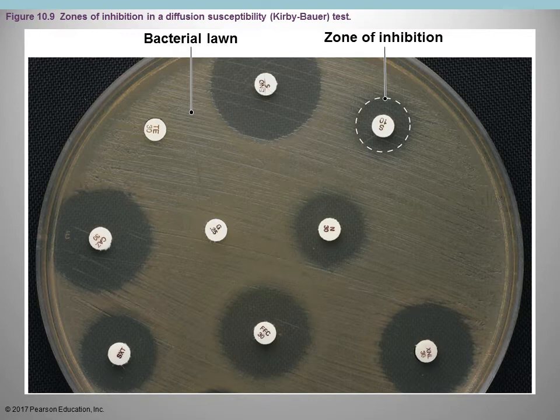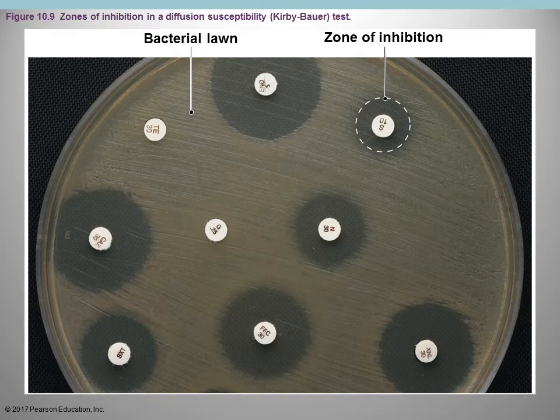You place those on the plate and then you incubate it just like you normally would. After 24 hours, typically 24 hours, you come back and you look. Notice those areas around some of the antibiotic discs, and you have that clearing. That's known as your zone of inhibition.